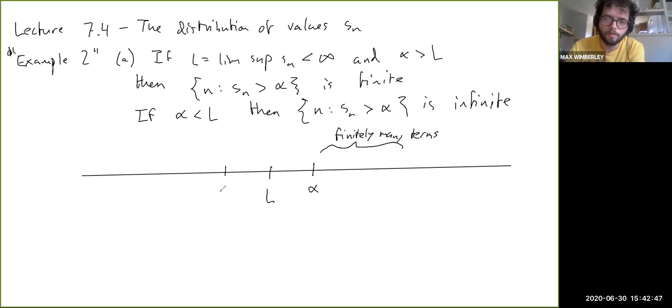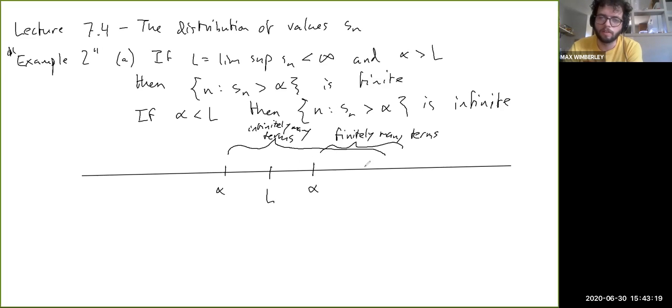If alpha is over here, then what we're saying is there are infinitely many terms. And when I say terms, remember, I'm talking about the indices n. This is a way of counting how many times the sequence ends up in a certain area on the number line, because there could be infinite repetitions of certain values.